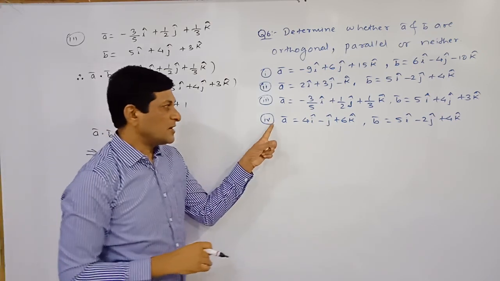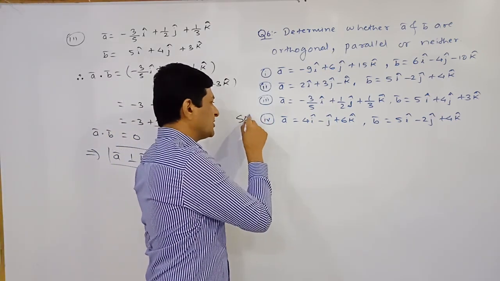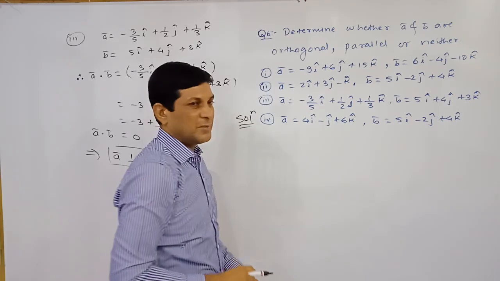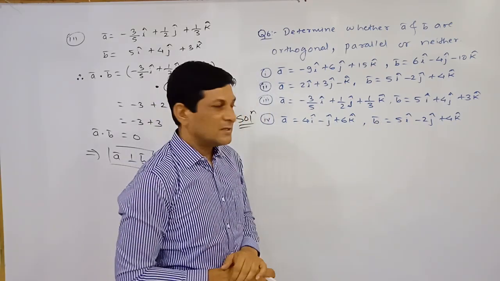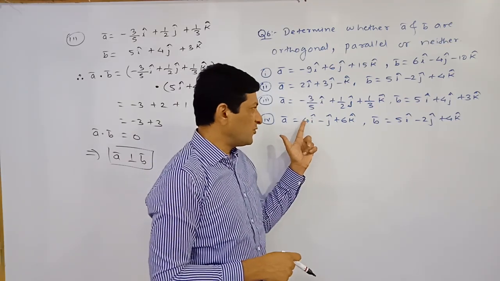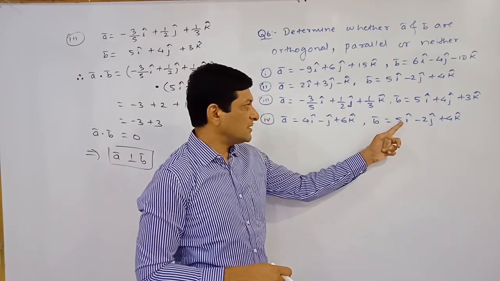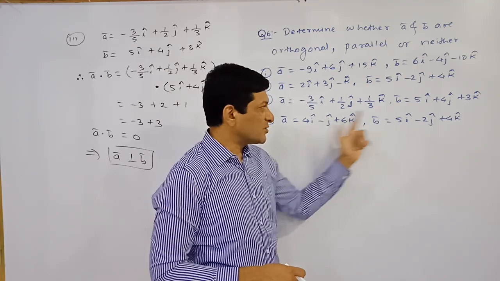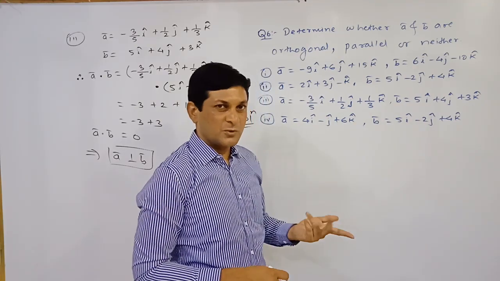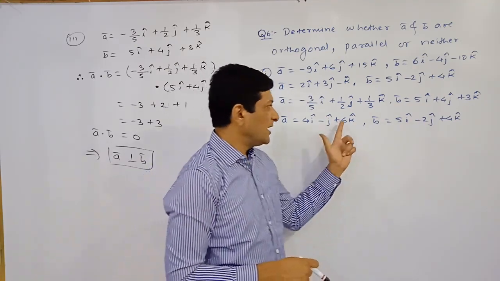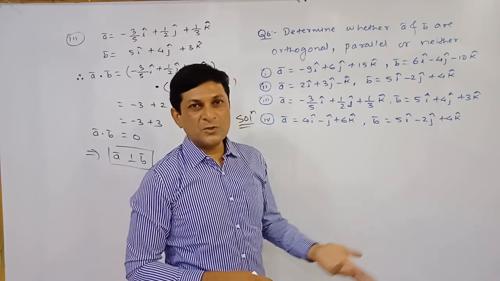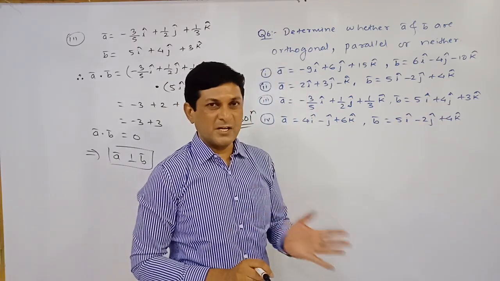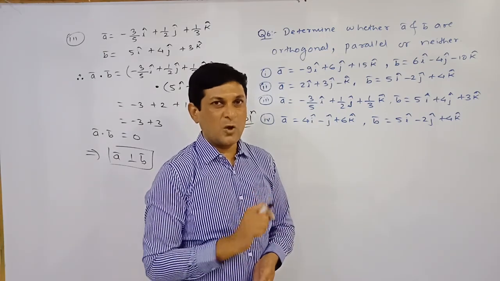Now let us solve example number 4. Here A bar and B bar are given to us. Let us check whether their dot product is 0 or not. 4 into 5 is 20. Minus 1 into minus 2 is plus 2, 20 plus 2 means 22, and 6 into 4 is 24. So 22 plus 24 is definitely not equal to 0, which means the vectors are not perpendicular.